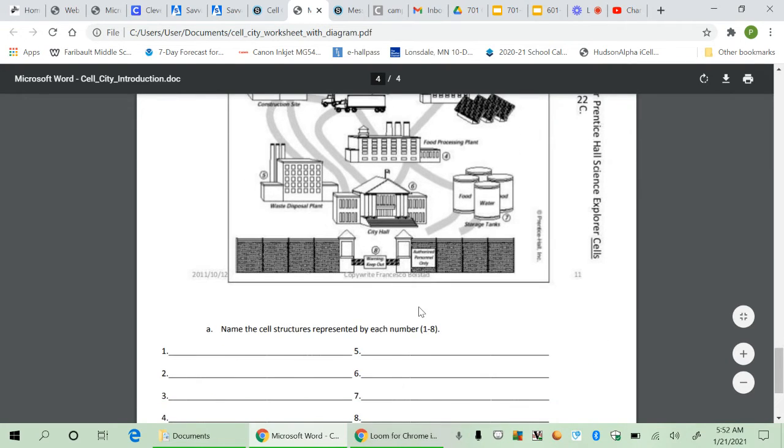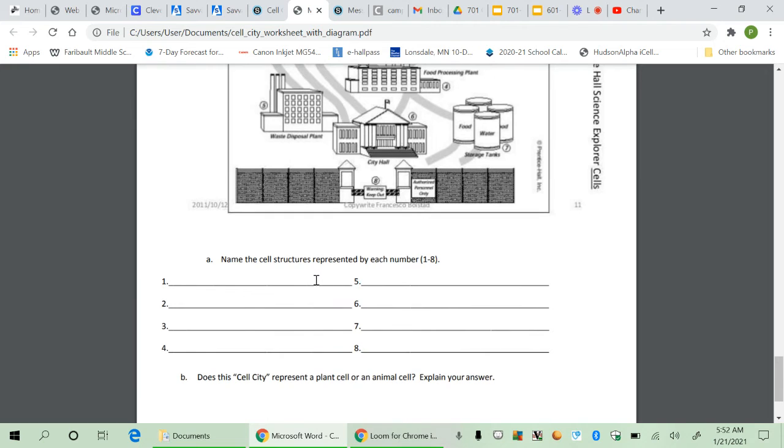What I would like you to do then is match the cell part with each of those parts of a city, and then answer, does this represent a plant cell or an animal cell? And then give a reason why. There is not necessarily one right or wrong answer. There's a couple of different ways you could look at this. So if you're not sure, just pick which one feels more right and give a reason why you think it's an animal cell or a plant cell.